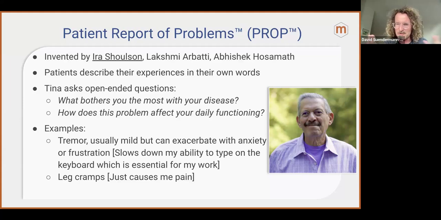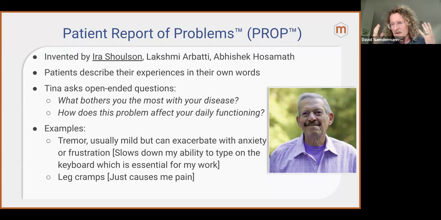And so examples of responses you see here, someone would say, I'm suffering from tremor, usually mild, but can exacerbate with anxiety or frustration. It affects my daily functioning because it slows down my ability to type on the keyboard, which is essential to my work. Other people have, for example, complained about leg cramps.